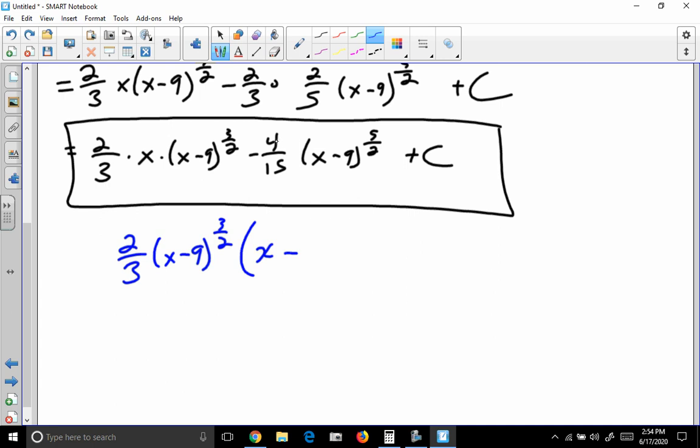For this one, if we take a 2 out of the top, we're left with a 2. If we take a 3 out of the bottom, we're left with a 5. And then for our x minus 9 to the 5 halves, if we take an x minus 9 to the 3 halves out, then we're left with an x minus 9 to the 2 halves, or x minus 9. And then we have our constant. So either one of those would be sufficient.